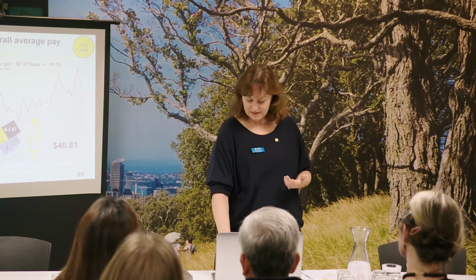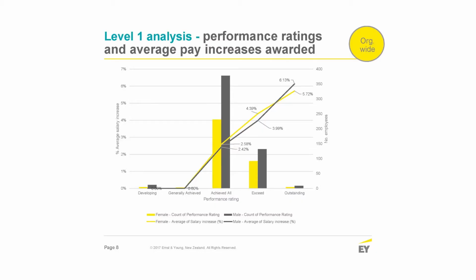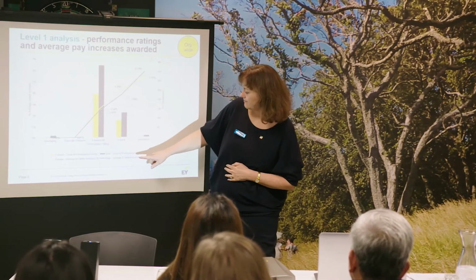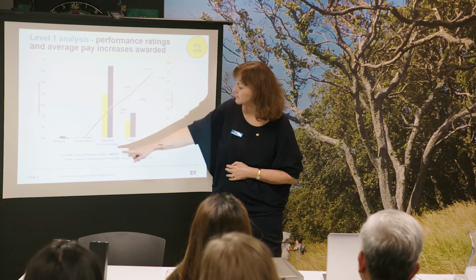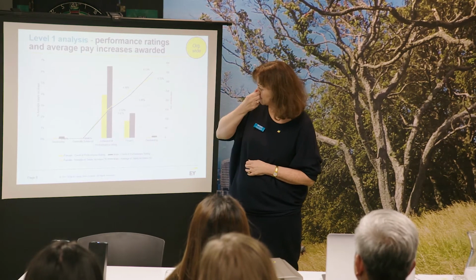And so we started peeling the onion. What I wanted to look at was what was happening with the performance ratings and the average pay increases. What I've got plotted along the bottom here is the performance outcomes. And what you can see is that in this one it's opposite: females are yellow, males are the grey box.